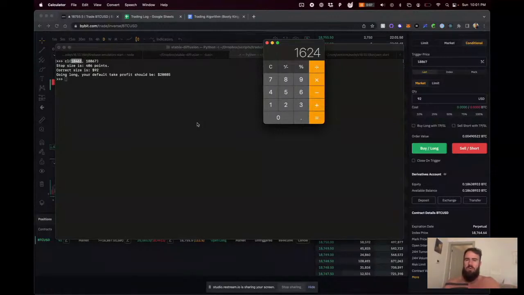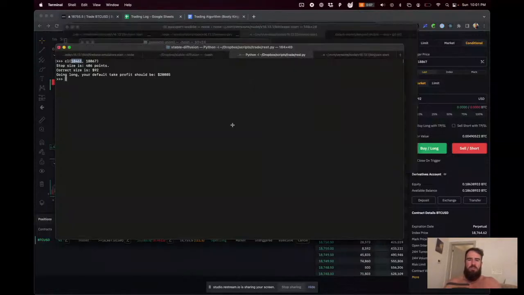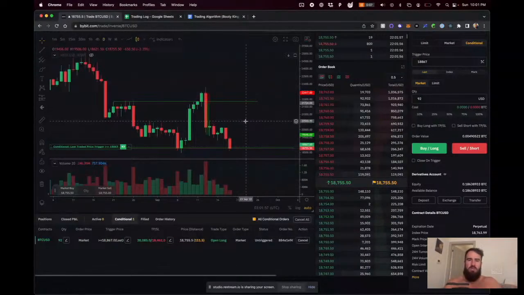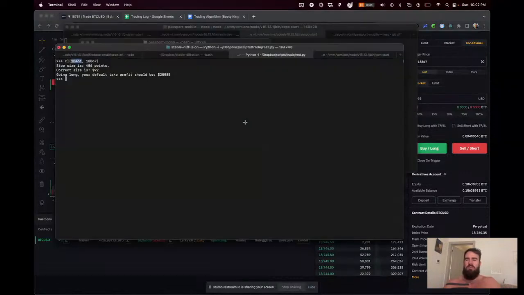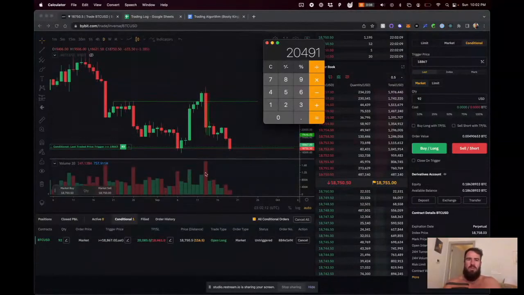That's 4 times that plus 18,867, which is 20491. That's good, and let's stick with that because we have not hit any trades with more than a 3-to-1 risk ratio so far. We could go for 5-to-1, but in this case, we'll stick with just 4-to-1.